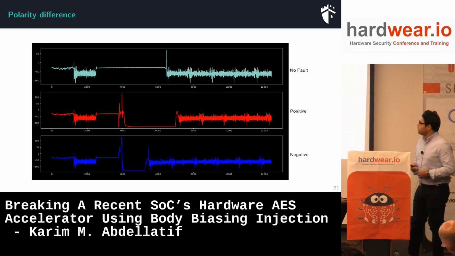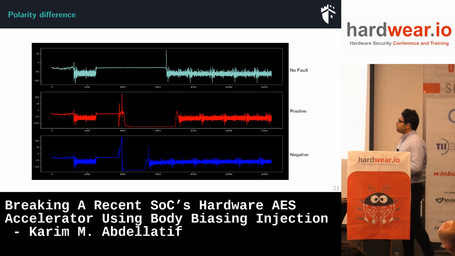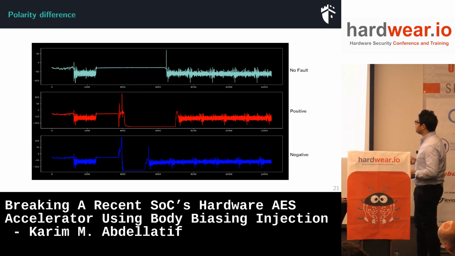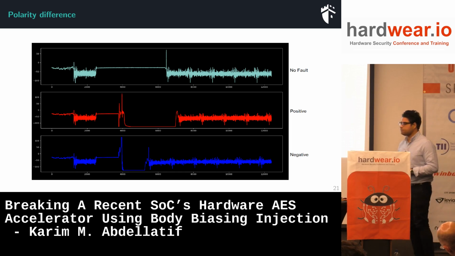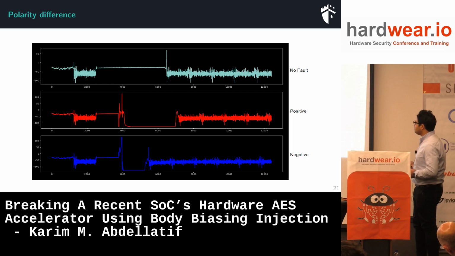As I said, I use the oscilloscope in order to record the power traces. Here, this is my code without injecting any fault. There is a loop here. The chip is doing nothing exactly, just counting. After that, there is a communication to send the value of the counter that was counted. So I'm going to inject a positive pulse here. You can see that it looks like a negative glitch.